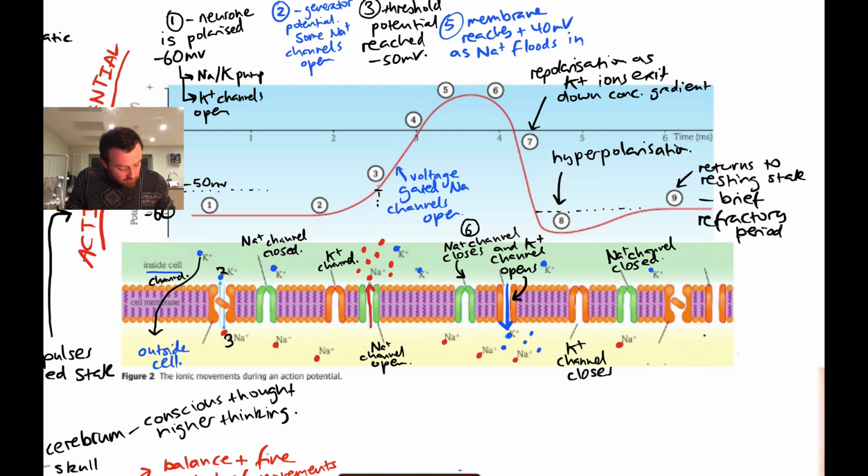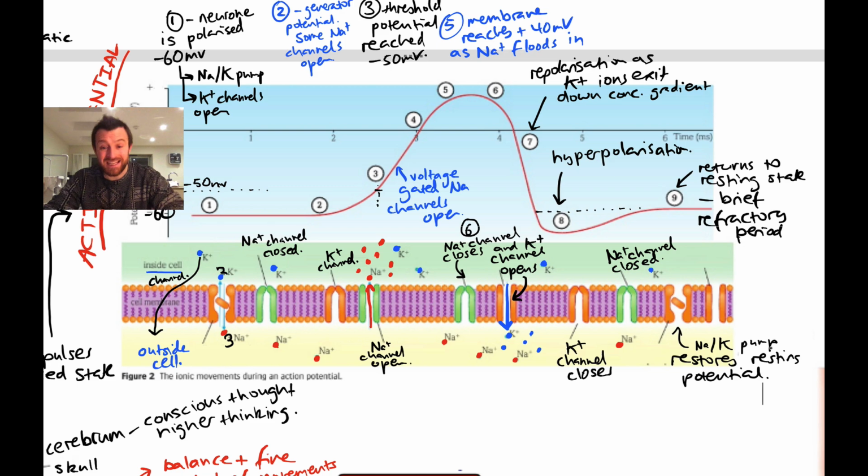And it's the action of the sodium-potassium pump that brings things back to normal. So NAK pump restores resting potential. Okay, so that is the action potential there.